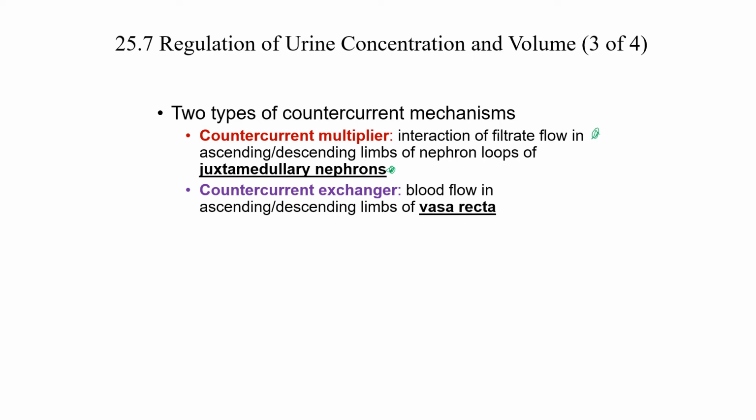Now the countercurrent exchanger is the blood flow in the ascending and descending loops of the vasa recta. So in the countercurrent multiplier, we are looking at filtrate in nephron loops, whereas in the countercurrent exchanger, we're looking at blood flow in the vasa recta.